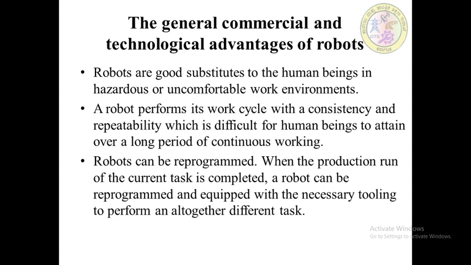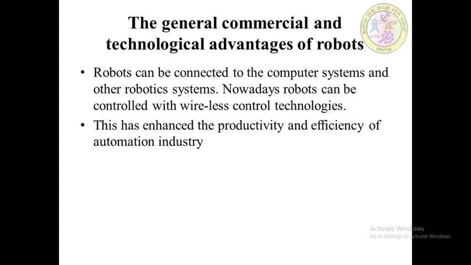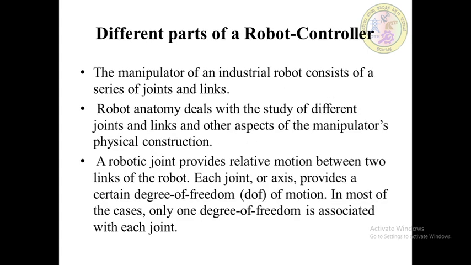Now, coming to the different parts of a robotic controller, the manipulator of an industrial robot consists of a series of joints and links.